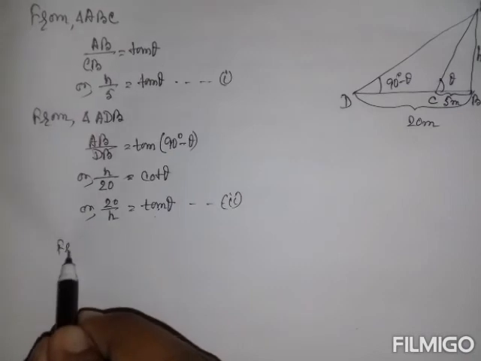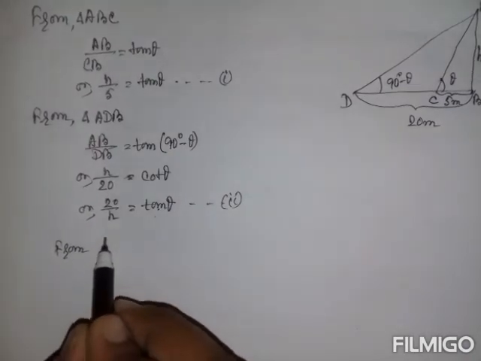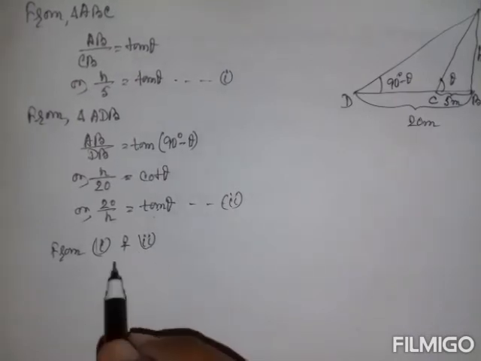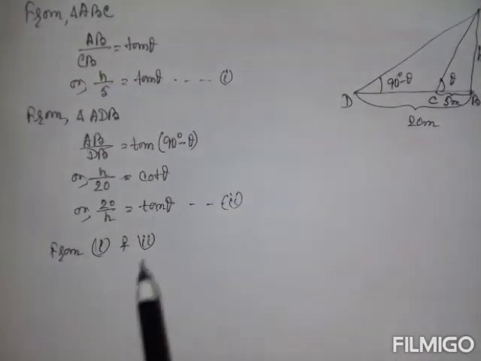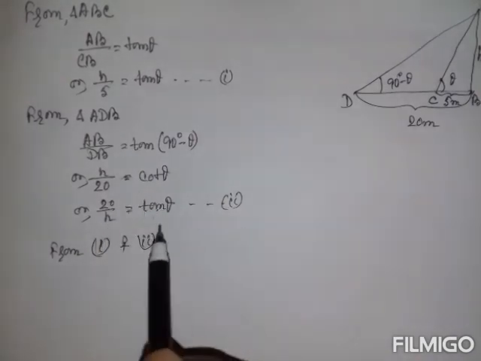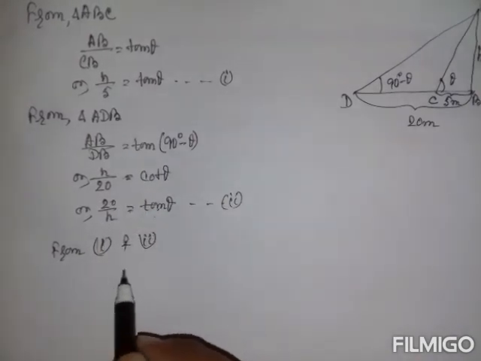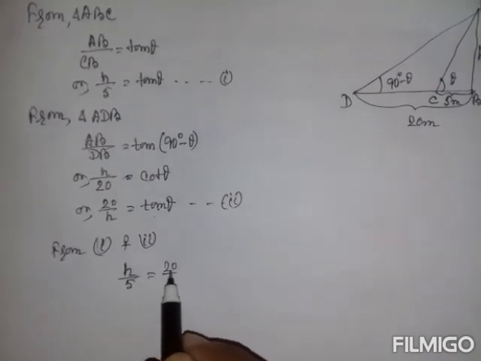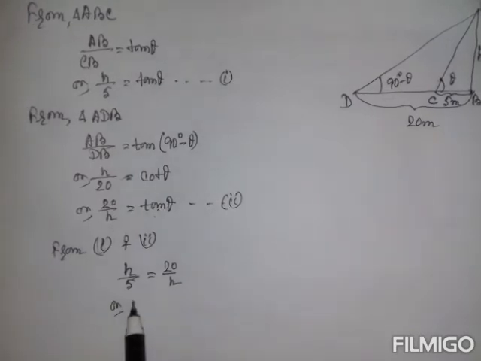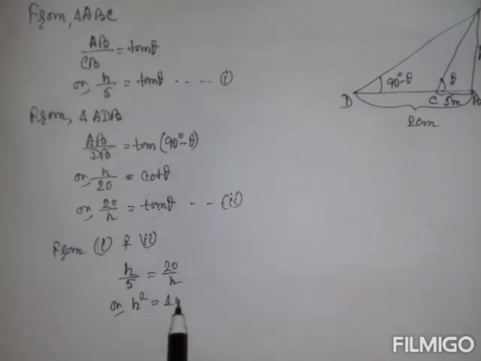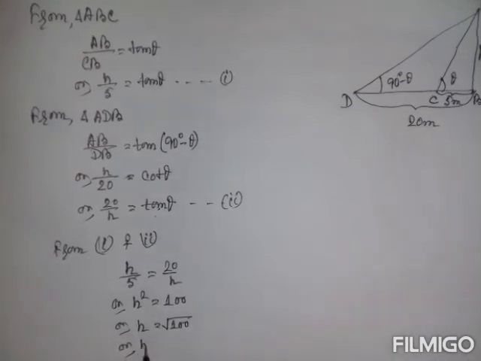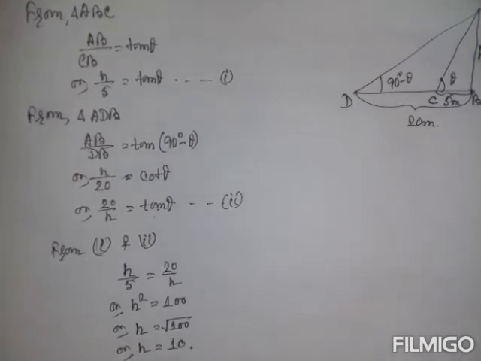Now from 1 and 2 we can say that both the equations are from tan theta, so H by 5 is equal to 20 by H, or H square is equal to 100, or H is equal to root over 100, or H is equal to 10.